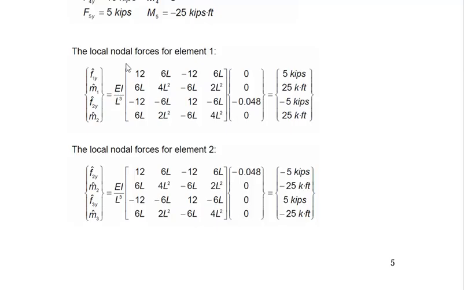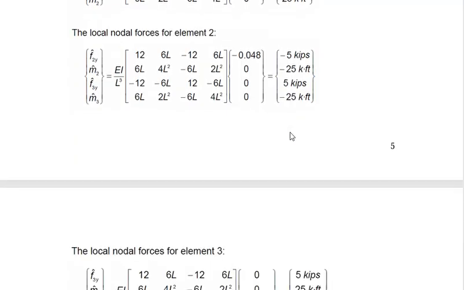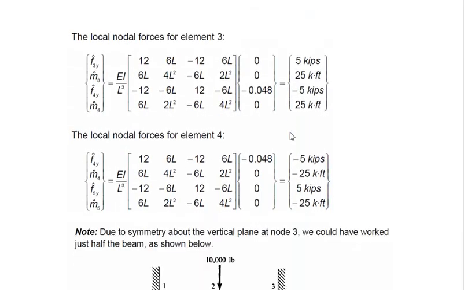For element number 1, we consider f1y, m1, f2y, m2. This is the element stiffness matrix, and these are the corresponding displacement and rotation values which we have just calculated. When we multiply them, we get the local forces and moments. So we do it for element number 1, element number 2, element number 3, and 4.